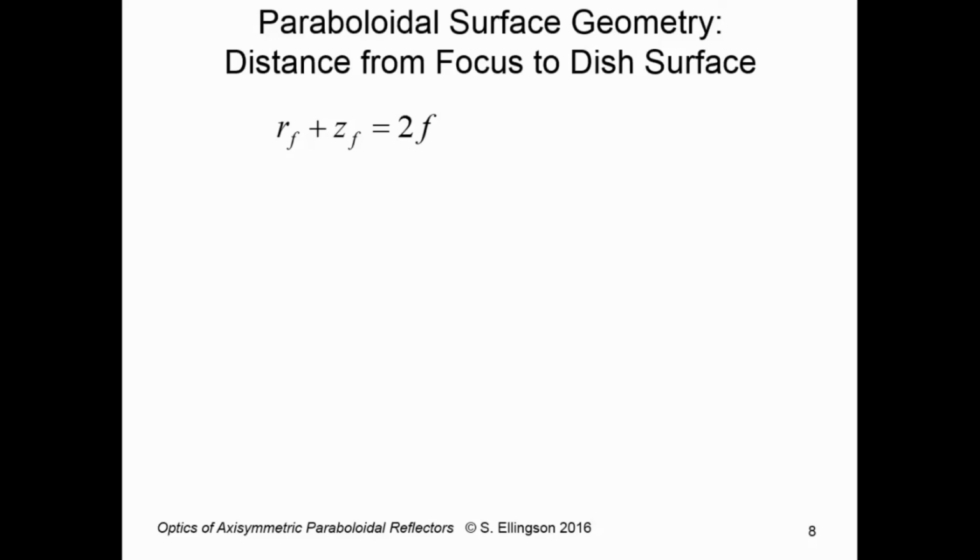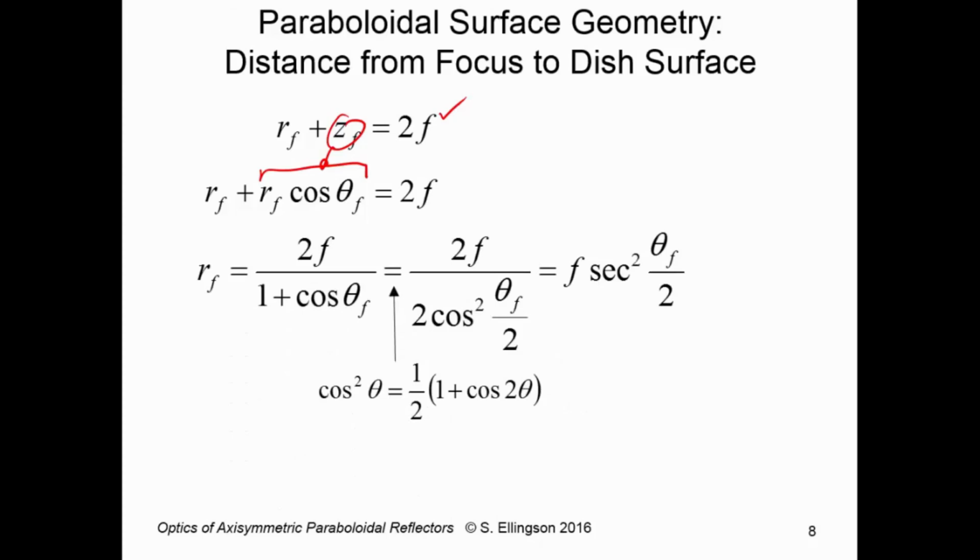Paraboloidal surface geometry, distance from focus to the dish surface. Let's investigate that a little bit more carefully. This is one of the relationships that we came up with. We can replace z sub f with this expression r sub f cosine theta sub f. That's simple geometry. Then we can solve for r sub f, and we get this expression: 2f over 1 plus cosine theta sub f.